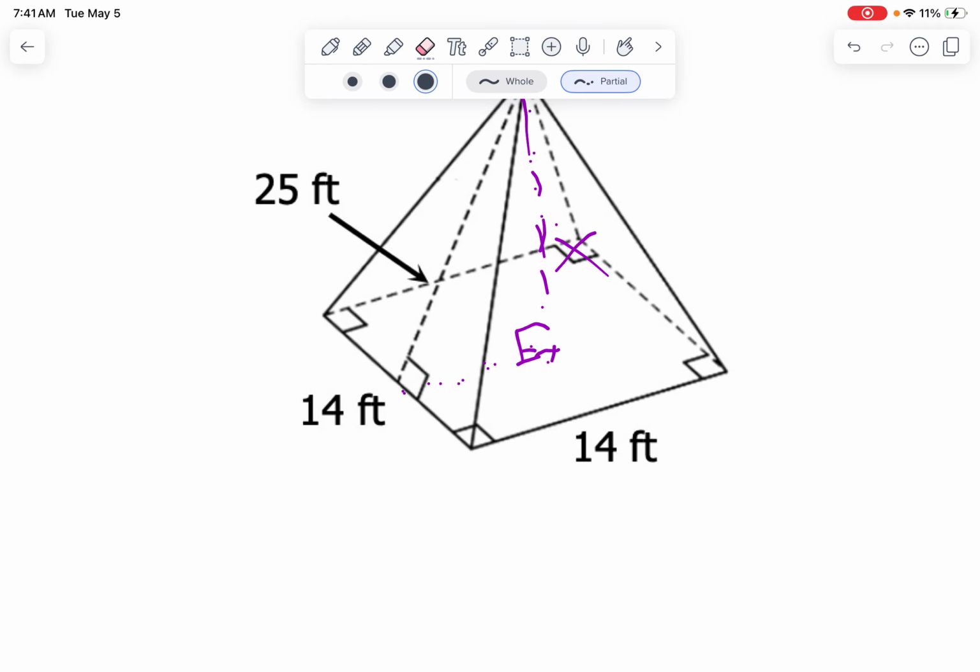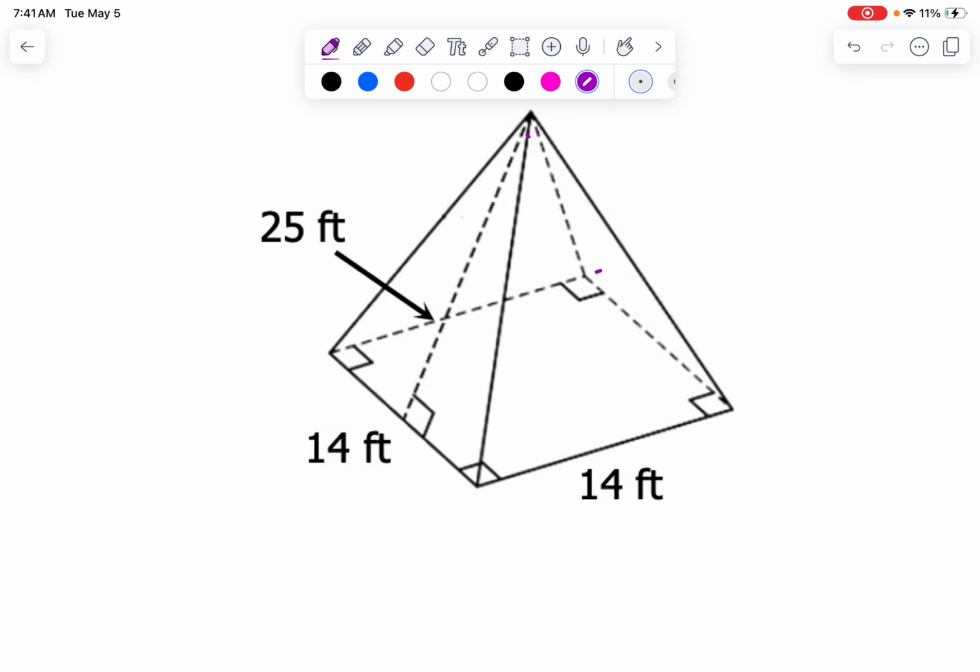Matter of fact, I'm going to just redo that. So I've got a triangle, and I want to know that x right there. Well, I know that this is 7. I know the hypotenuse is 25. I need to know the height, which would be x.